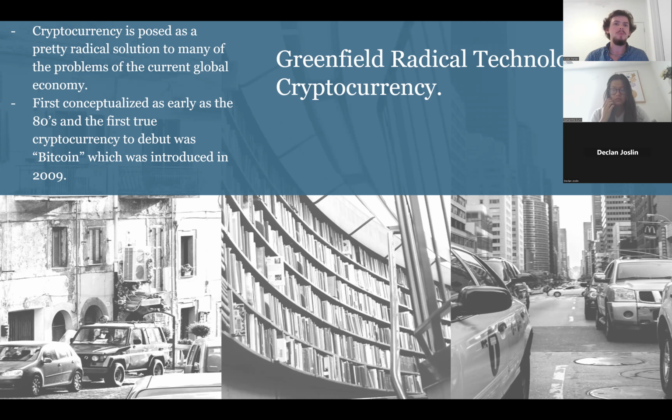It's really sort of coming off the heels of a lot of distrust in banks that has built over the last even century. The Great Depression, the housing crisis, a lot of those have spurred this desire to have anonymous peer-to-peer transactions that aren't affected by someone else's inflation or someone else's taxes. It's really an interesting concept that I personally believe will be a driving force in the global economy to come.